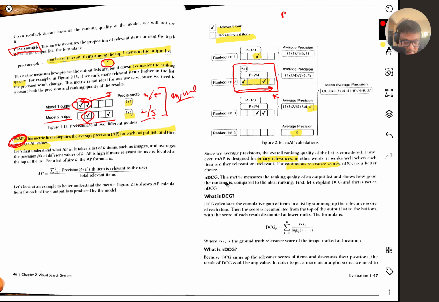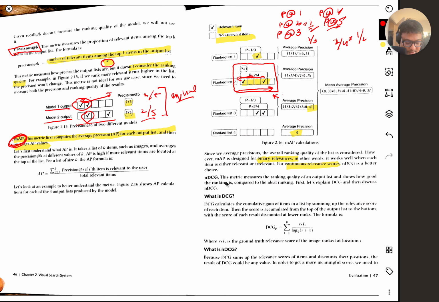So you can measure precision at 1, precision at 2, precision at 3, precision at 4, and precision at 5. Let's measure precision at 2. Out of 2 spots, the dog is only present in one place, so your precision at 2 becomes 1 over 2. Similarly, precision at 3 is still 1 over 3. And for precision at 4, in the first 4 spots you have 2 dogs, so it is 2 over 4, which is 1 over 2.